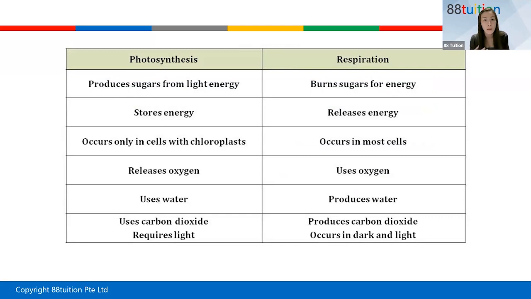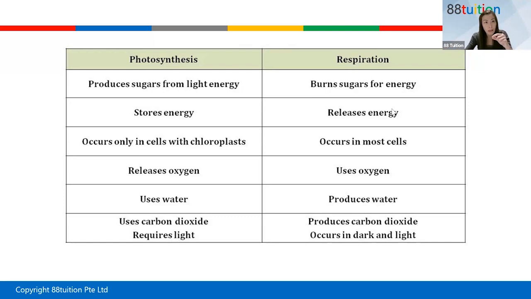You respire. You breathe in oxygen. The oxygen is used to actually burn that sugar and convert it to energy. Then at the same time, carbon dioxide is also released.